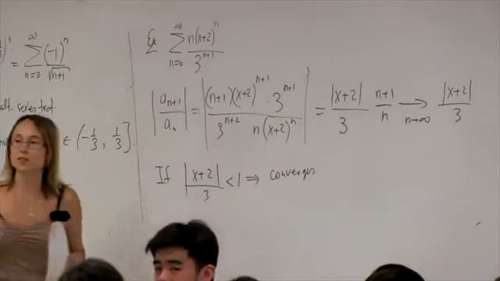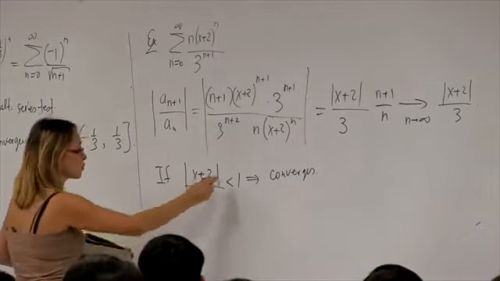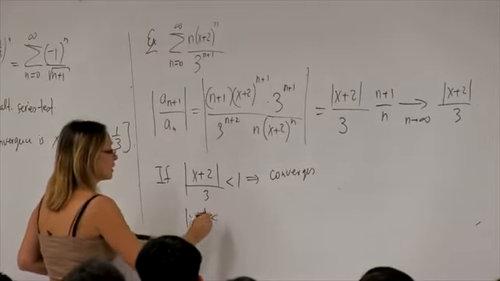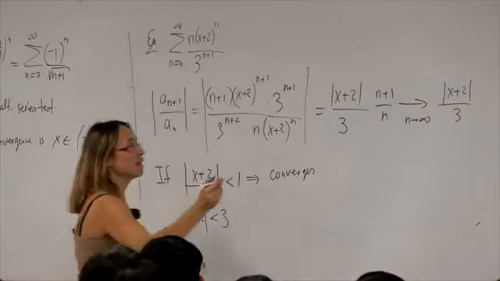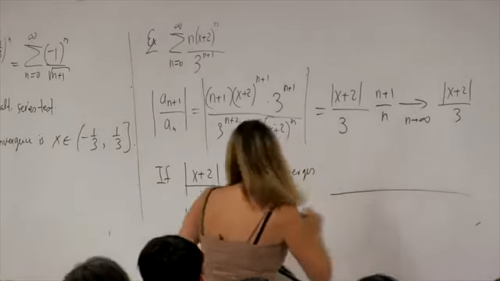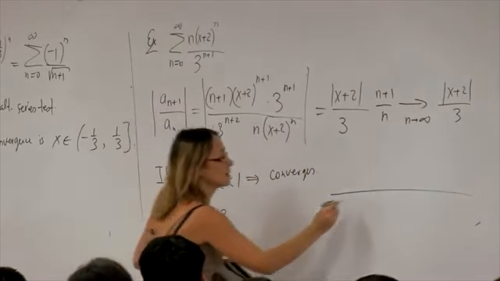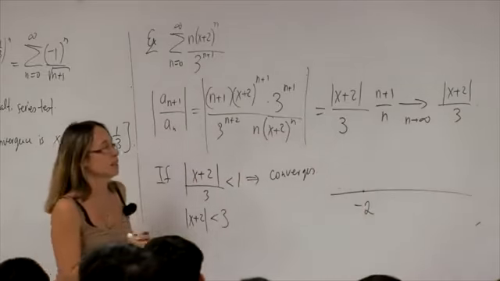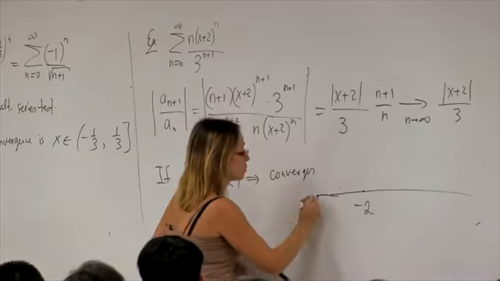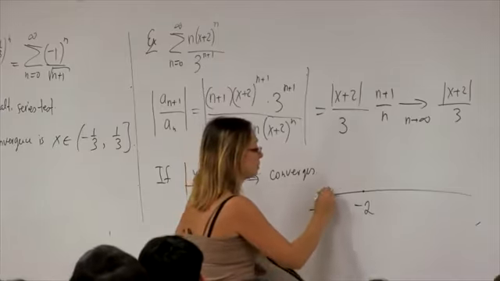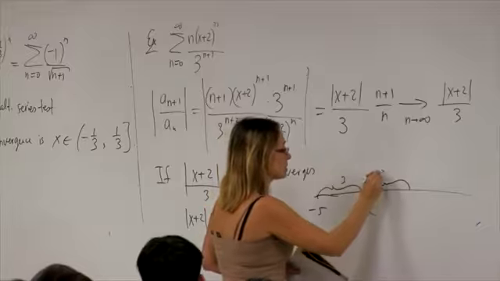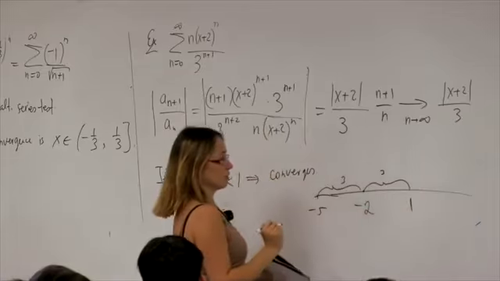So I need to rewrite this in terms of r, the radius of convergence. I'm going to multiply by 3: absolute value of x plus 2 is less than 3. I'm going to draw it. The distance between x and minus 2 has to be less than 3. So I have minus 5, this is 3, and I have minus 1 plus 3 is 1.